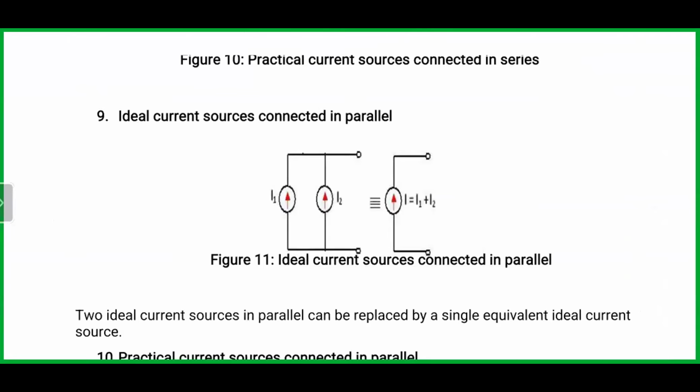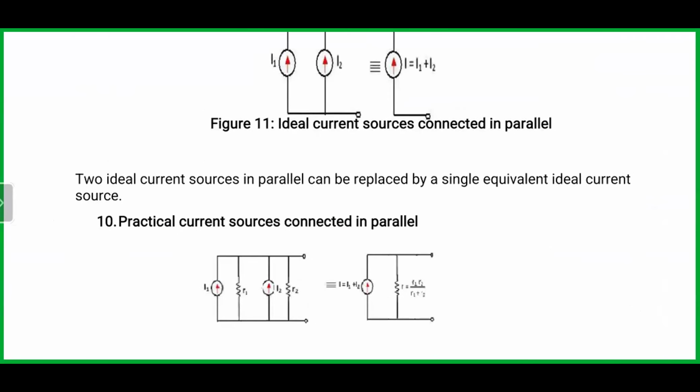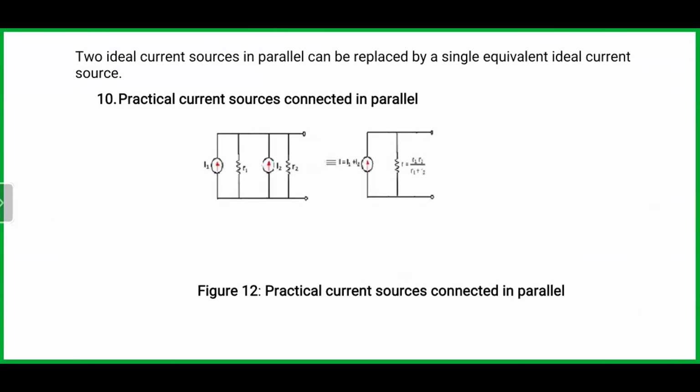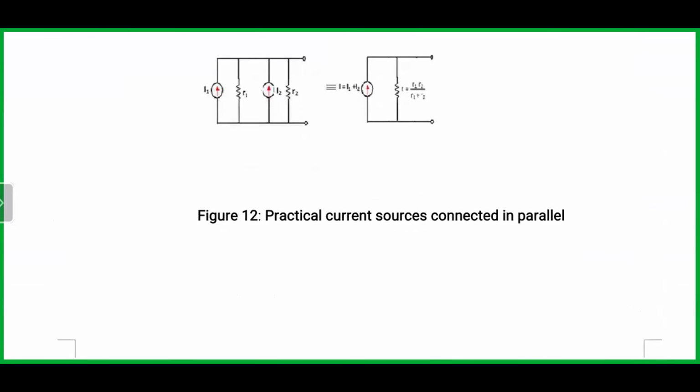But when you put the current sources in parallel, you are going to sum up the current. That means you are increasing the current. So anytime you want to increase current, you have to build your batteries in parallel. Then you increase current. So this leads us to series parallel connections.